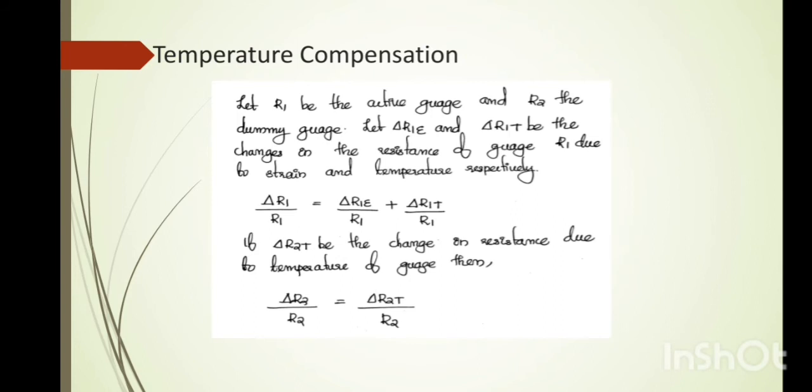If delta R2T is the change in resistance due to temperature, then delta R2 by R2 equals delta R2T by R2. In R2 there is only the effect of temperature and no effect of strain.